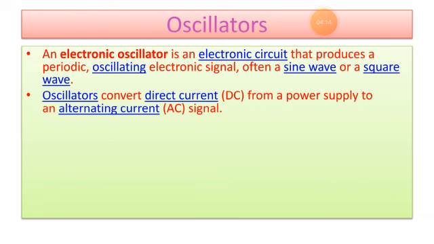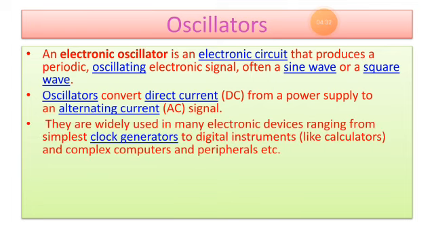This oscillator converts DC from power supply to AC. It means we give direct current to the supply and after oscillating, we will get alternating current or AC signal.